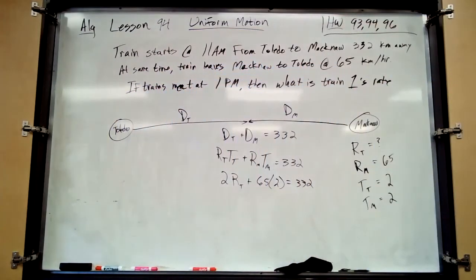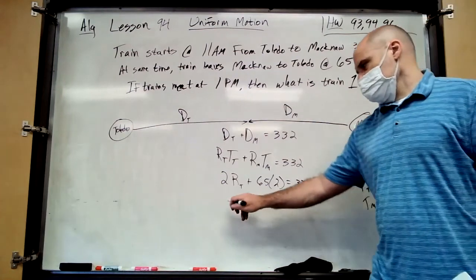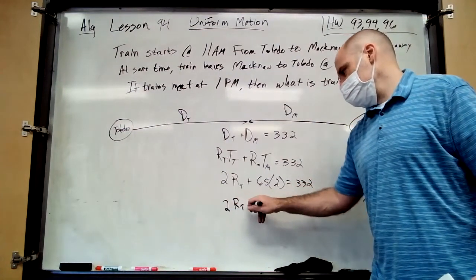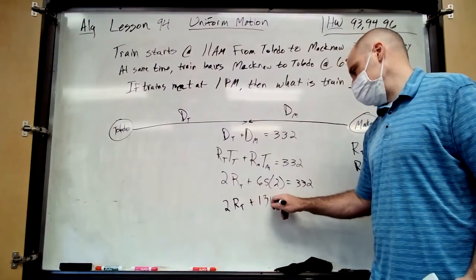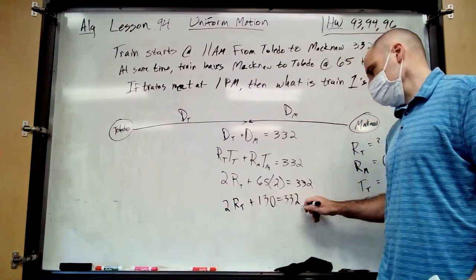See what I did there? This is 2 kinds of substitution. I put my D equation first, and then I substituted the D's with R's and T's, and then I substituted the R's and T's that I have. So this is 2RT plus 130 equals 332.